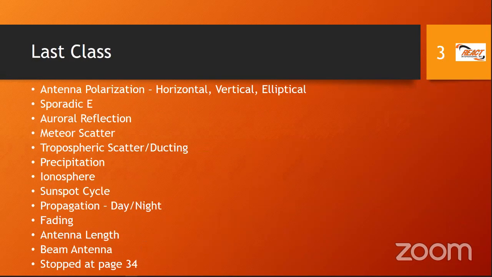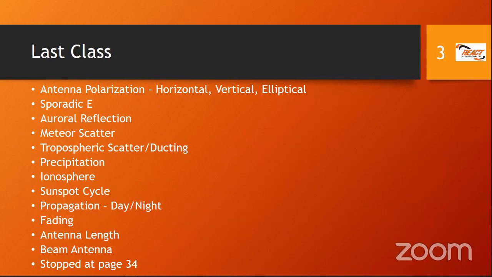Last class, we looked at antenna polarization: horizontal, vertical, and elliptical. We looked at the different forms of propagation: sporadic E, auroral reflection, meteor scatter, tropospheric scatter, and tropospheric ducting. We looked at the effects of precipitation.